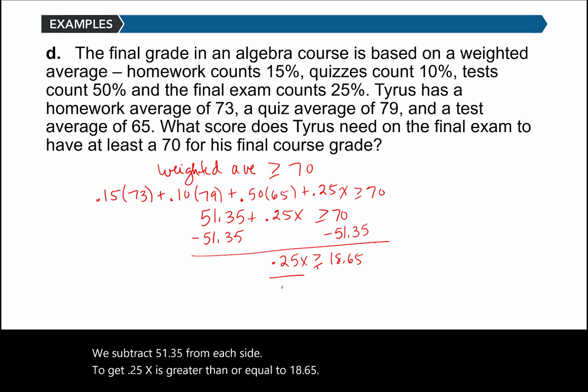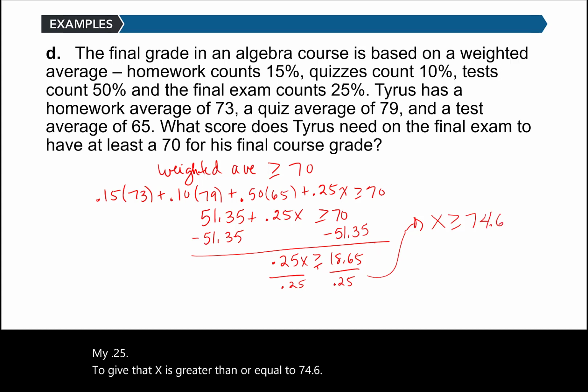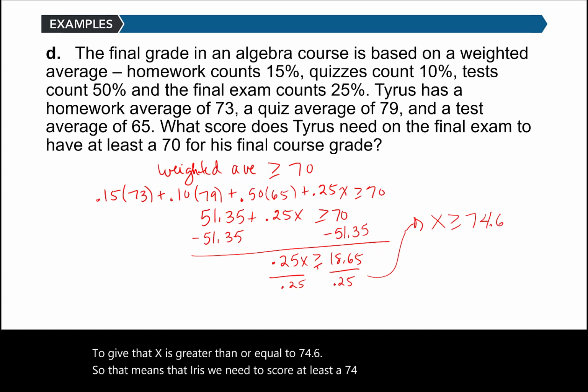Then we divide each side by 0.25 to get x ≥ 74.6. So that means that Tyrus would need to score at least a 74.6 on the final to have at least a 70 course grade.